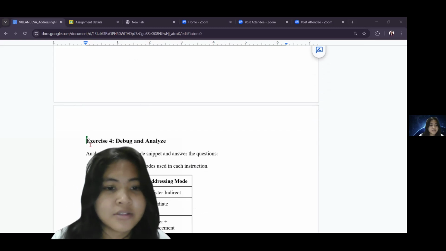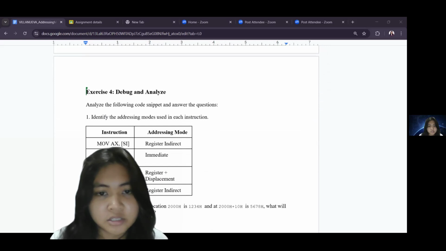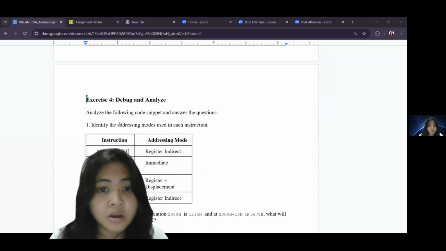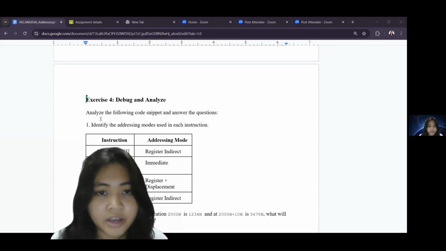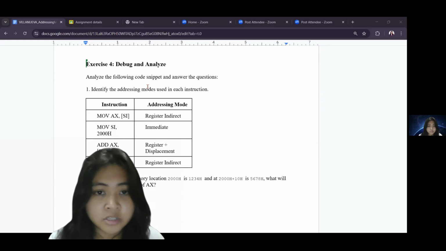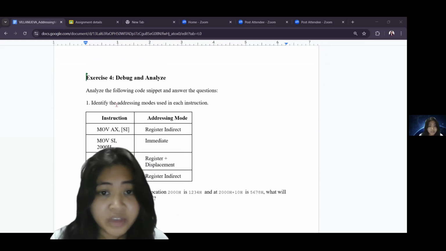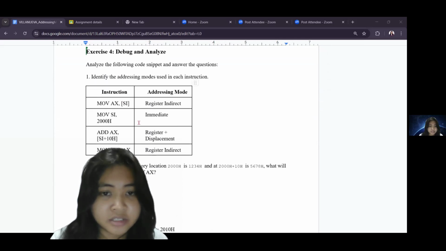So let's get straight to exercise 4, debug and analyze. So now for exercise 4, we're going to do some debugging. Part 1 asks us to identify addressing modes. So let me go through each instruction. Mov AX comma bracket SI is register indirect addressing.